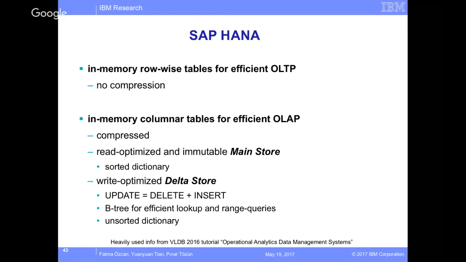I will talk about indexing for main store later, but for delta store, you have a more traditional B-tree for efficient lookups and range queries.